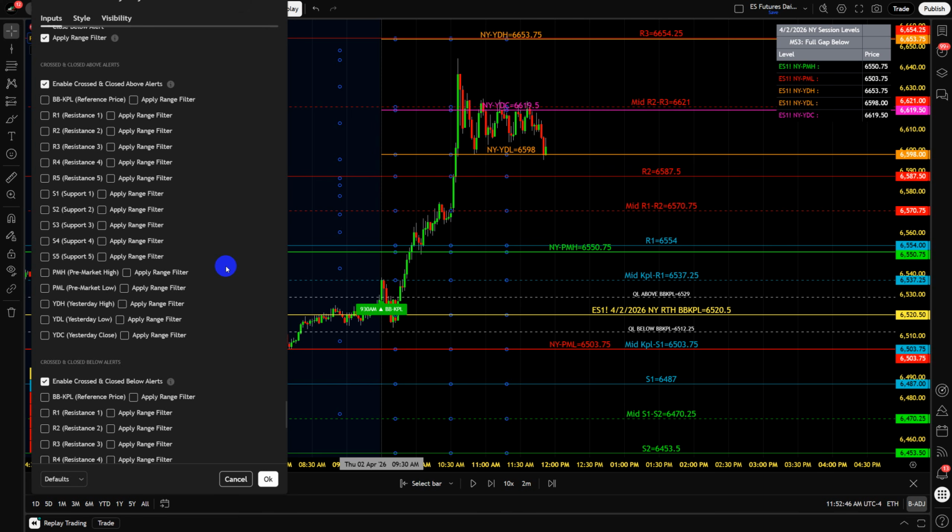So this is basically just to be notified when it's crossed and closed above or crossed and closed below. How you want to utilize that notification, on chart or what have you, is up to you, for either possible trade entry, or it also can be useful for closing out trades or for making adjustments to trades.